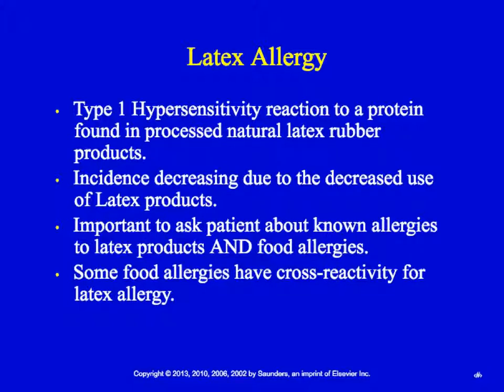Now, it's not quite as concerning in the hospital these days because we have removed most of the latex products, but it is something to keep in mind if you look at somebody that has a large list of food allergies, to look that up and make sure that it's not something that could actually be a latex allergy as well. So it's something very important to be aware of as a nurse.